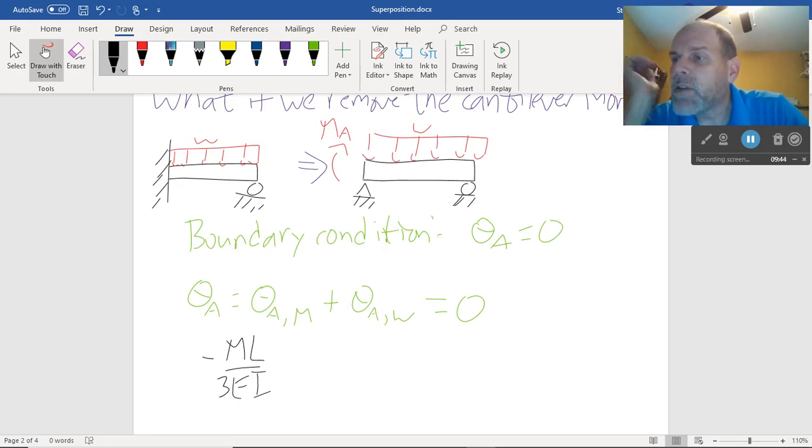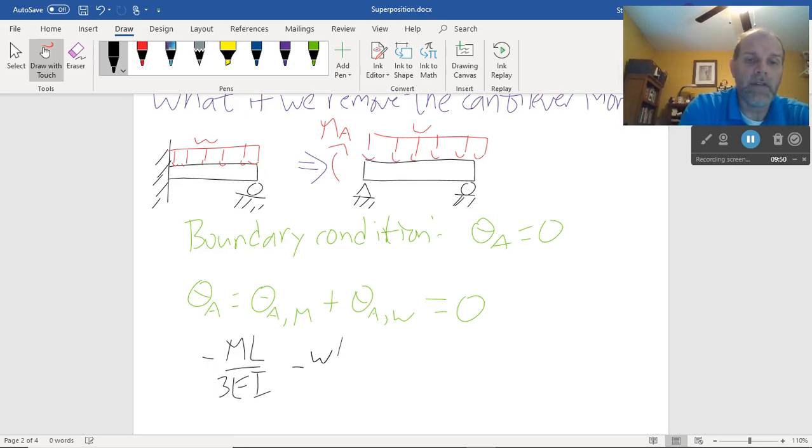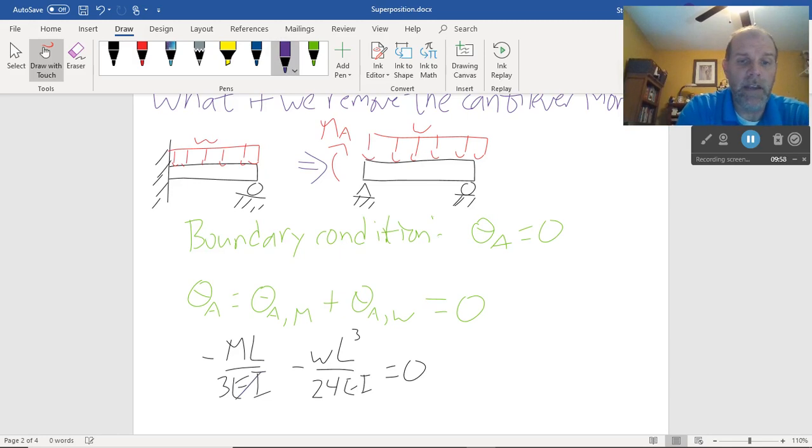My theta A due to the distributed load, I've got that equal to, there we go, minus WL cubed over 24EI, that has to equal 0. Because I have 0 on the right-hand side, the EIs can go away. I can get rid of an L and an L here. And I can get the intermediate step, just to show it, that M over 3 is equal to minus WL squared over 24.